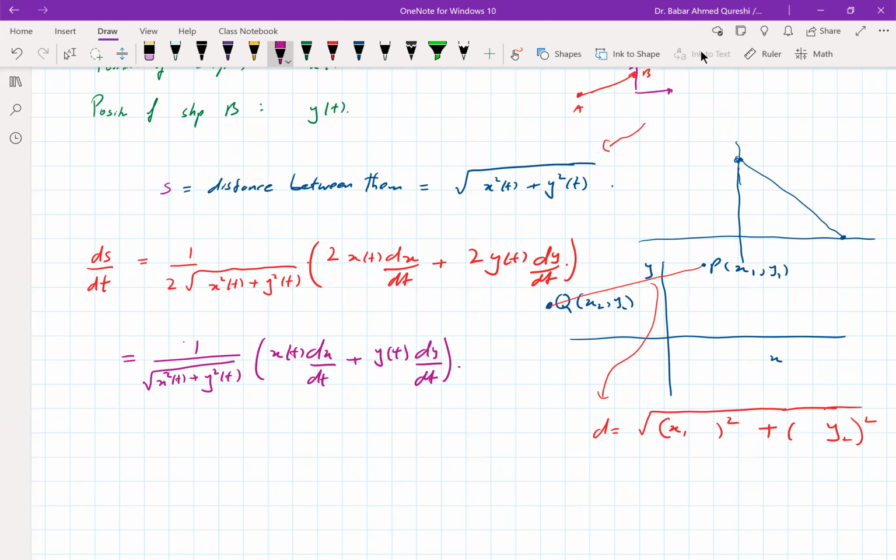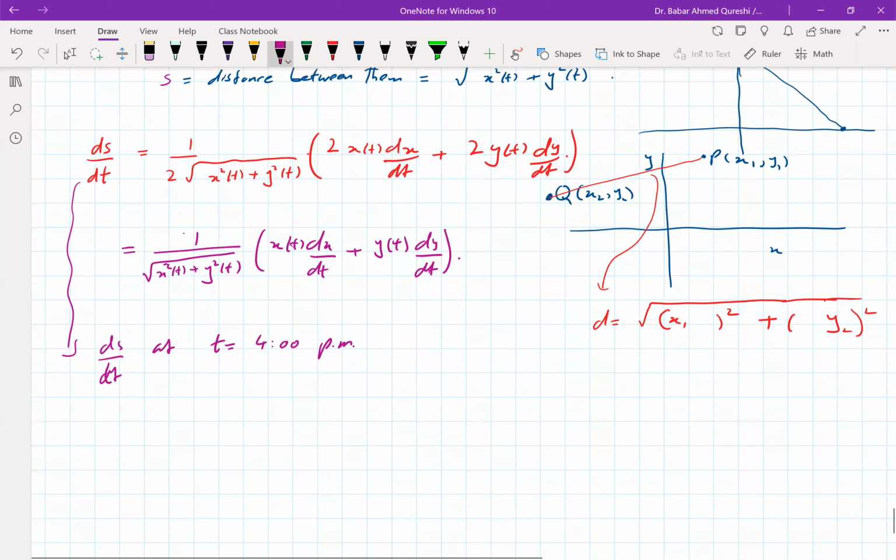Now the question is, how fast is the distance between the ships changing at 4 p.m.? So we need this guy, ds over dt, at t is equal to 4 p.m. So in other words, at t is equal to 4 hours, because I started t 0 at noon.